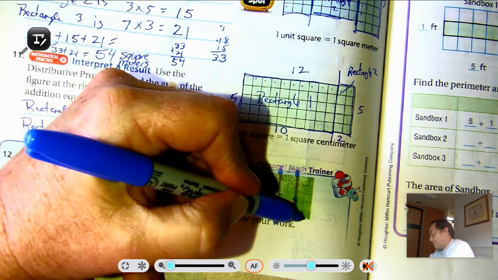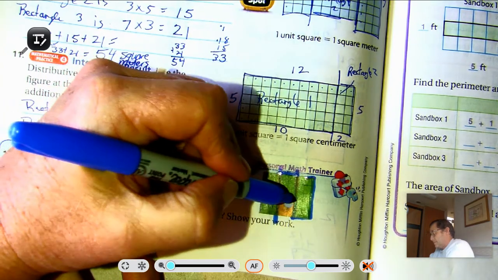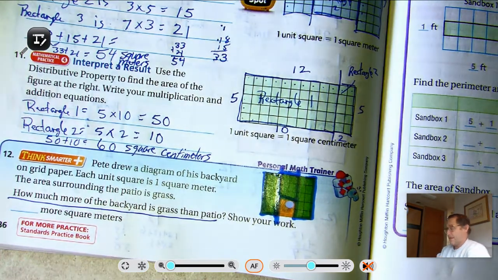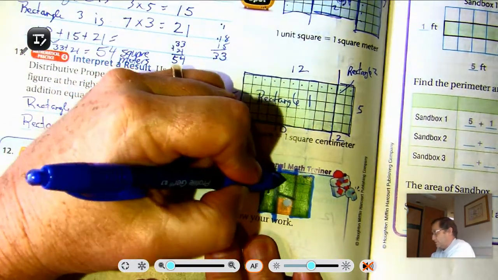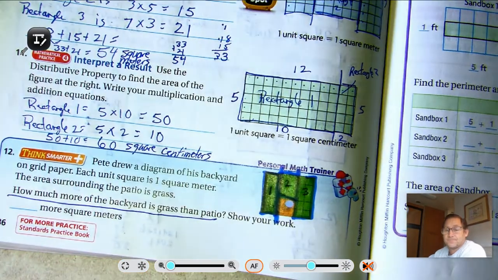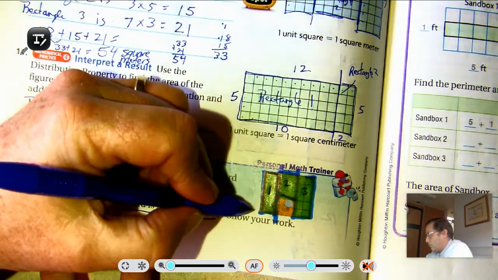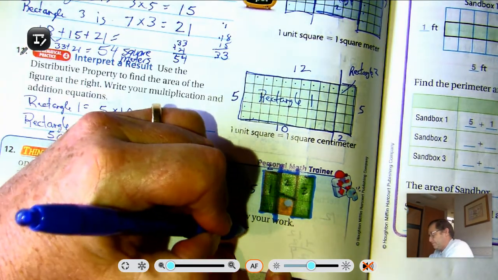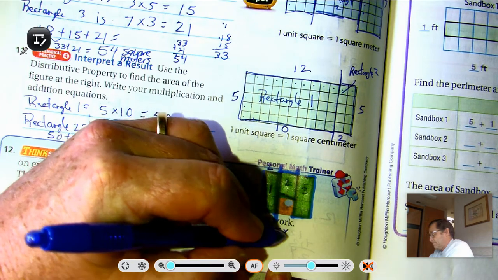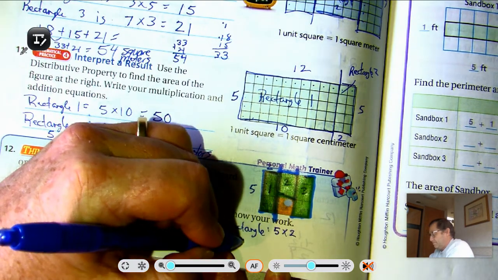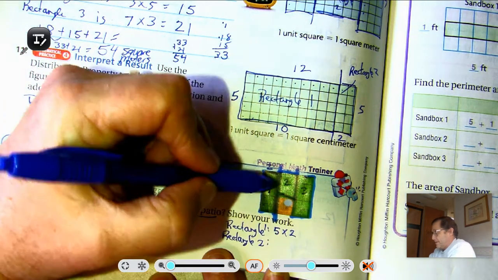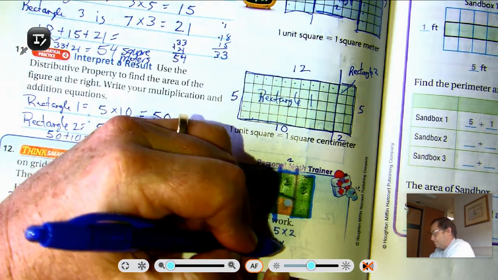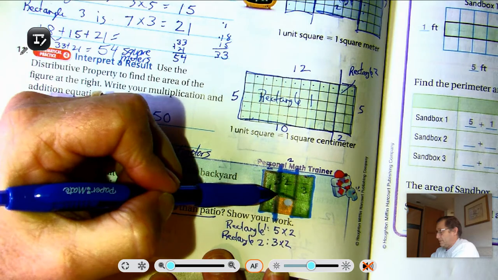Okay. And I'm just going to put 1, 2, 3. Okay, rectangle 1. 1, 2, 3, 4, 5 by 2. Rectangle 2. Rectangle 2 is 3 by 2. 3 rows of 2.